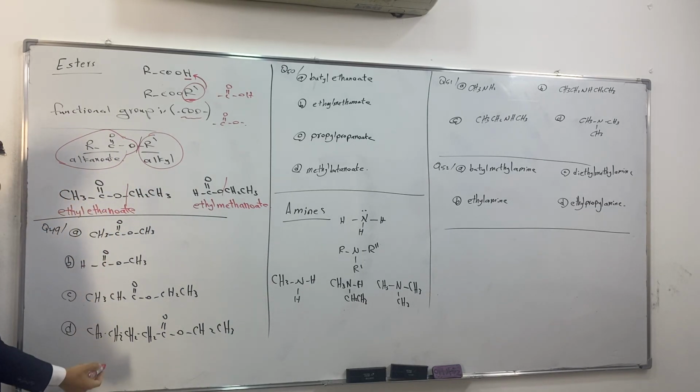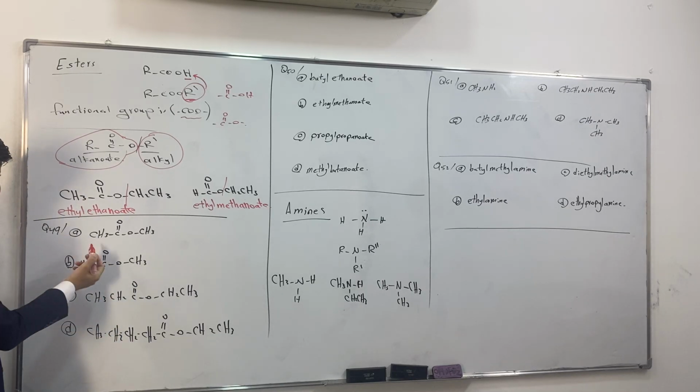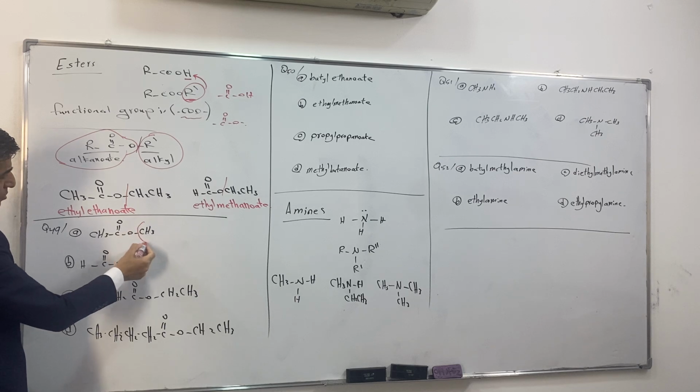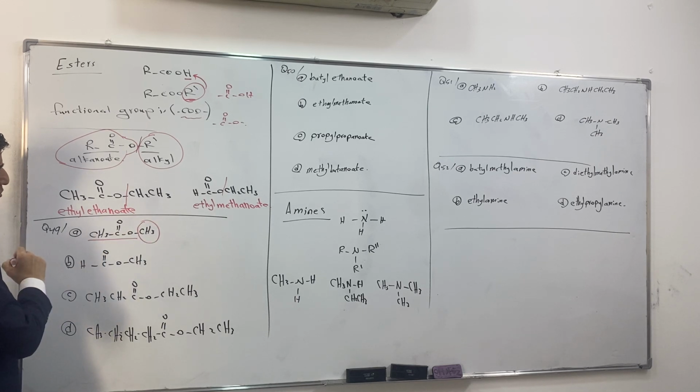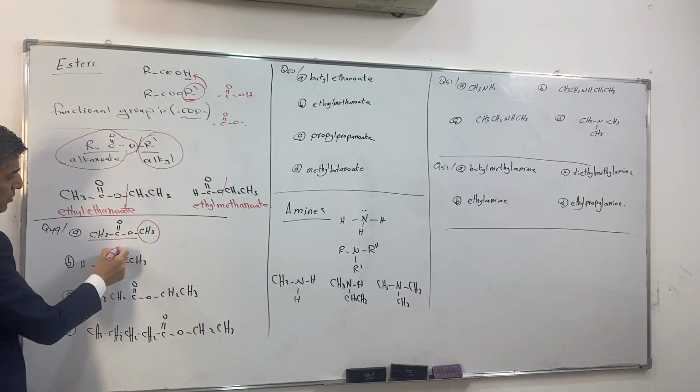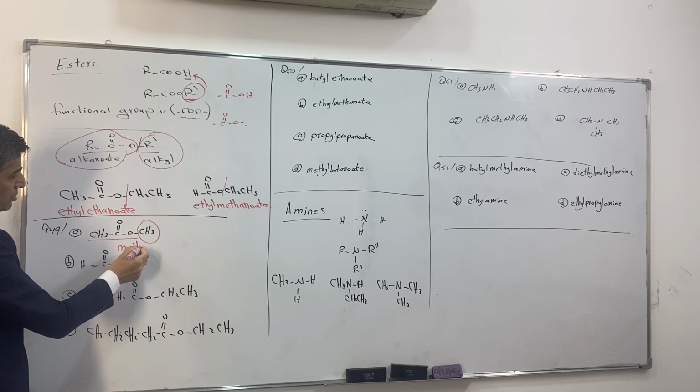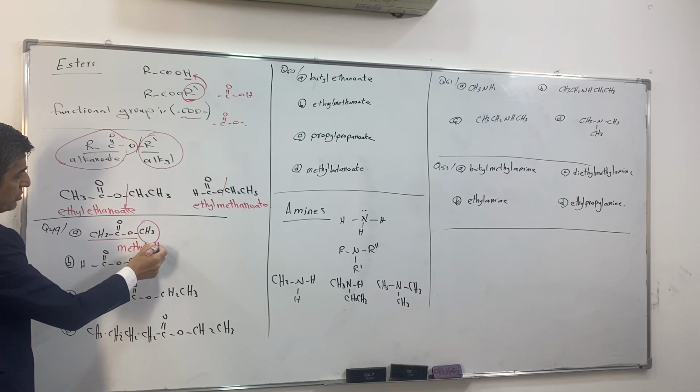When we name this compound in the chapter review, here we have a methyl group, and here we have ethane. We can say that we have methyl ethanoate.